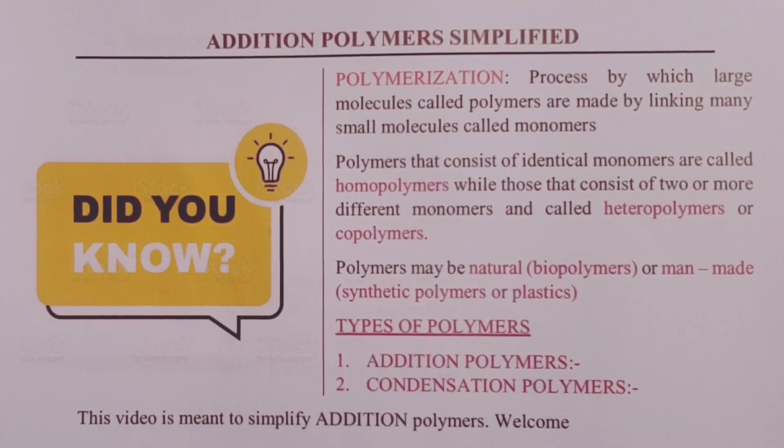Now, we have two types of polymerization. We have addition and condensation. Addition polymers are formed when monomers simply add onto a growing chain as intact molecules.